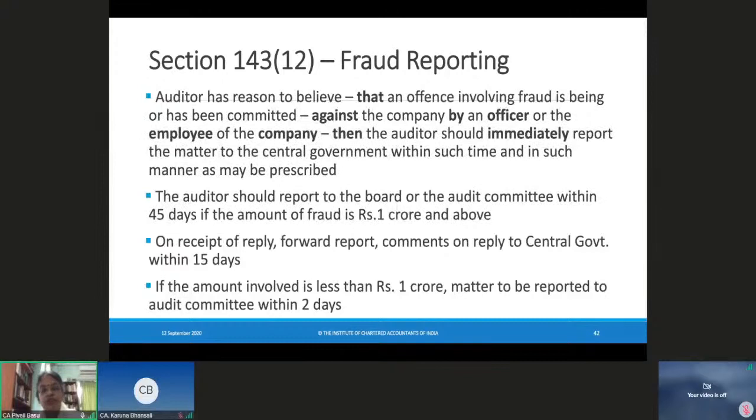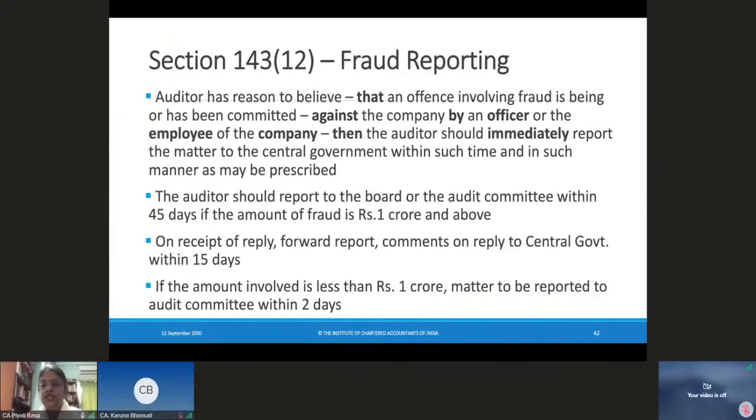They are supposed to reply within 45 days. On receipt of the reply from the company, the reply, along with the issue and the comments, should be forwarded to the MCA, the central government, within the next 15 days. The total time limit is 60 days.